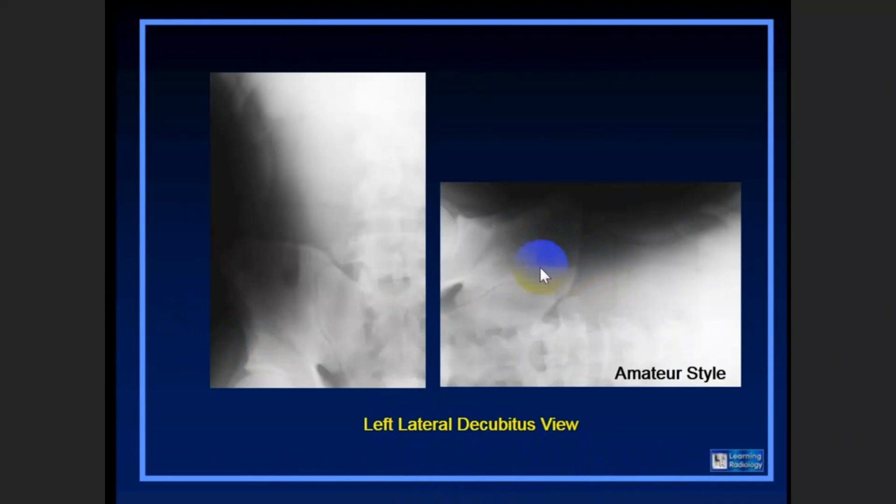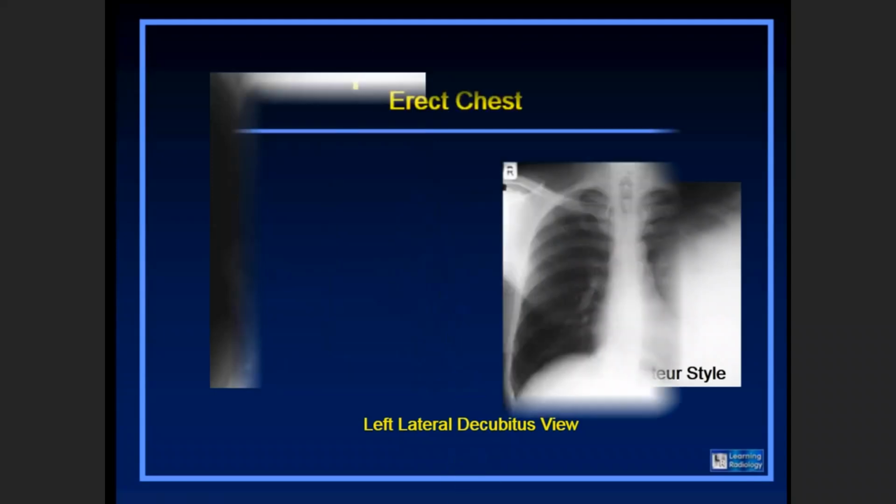This is the air, most probably in the cecum, and this is the fluid. This is the density of air, and this is the line in between the air, the gas, and the fluid, which is indicative of intestinal obstruction.